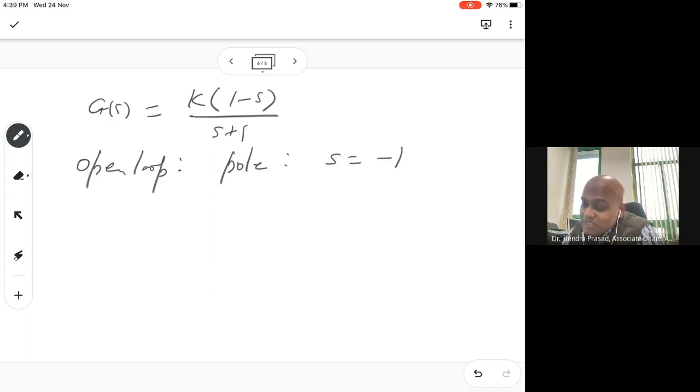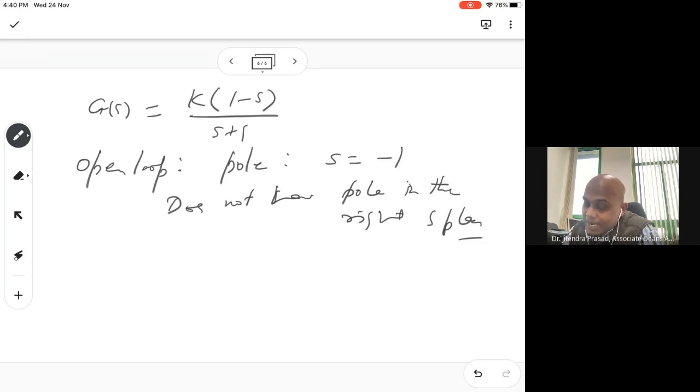So the open loop transfer function does not have a pole in the right S-plane.